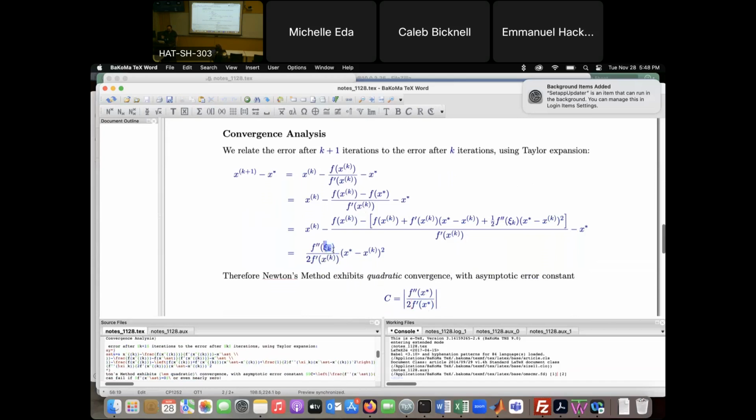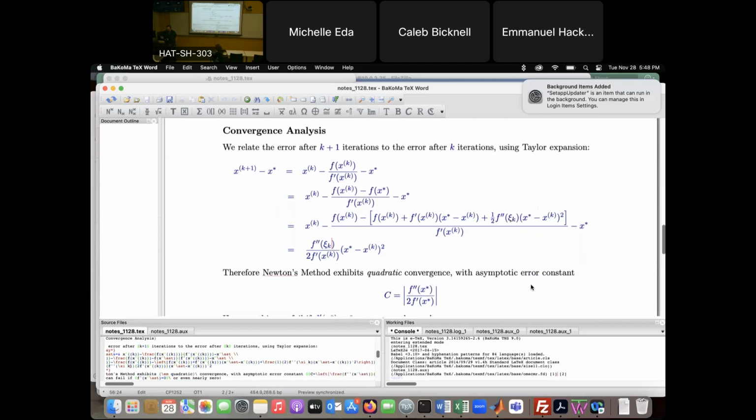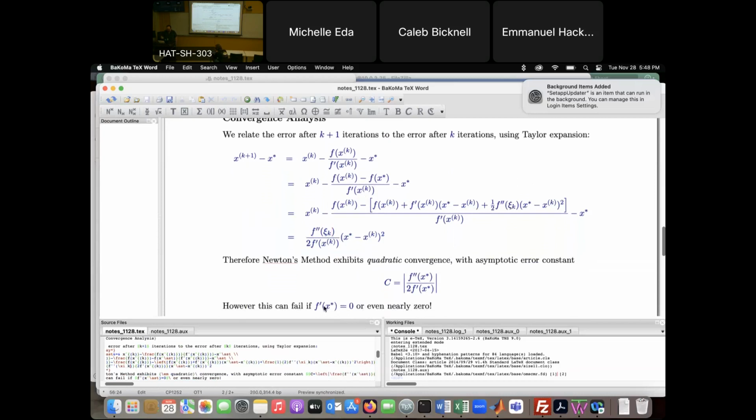And in ck, that's the unknown point from a Taylor expansion. That is between xk and x star, but xk is converging to x star. So squiggly k is also converging to the root. But yeah, if f prime is 0 at the root, then we have a big problem.